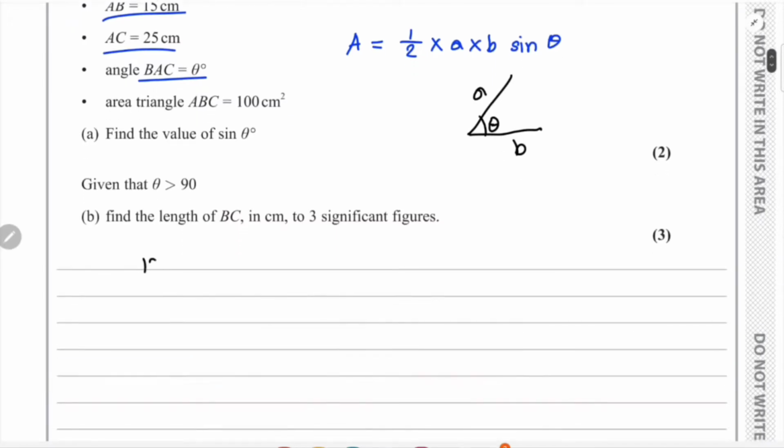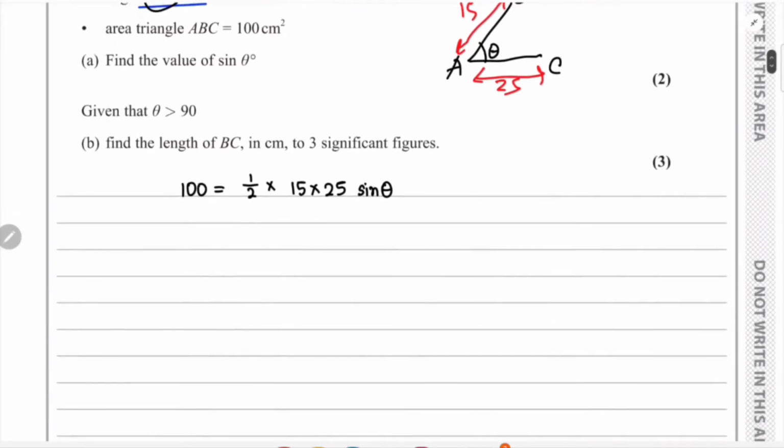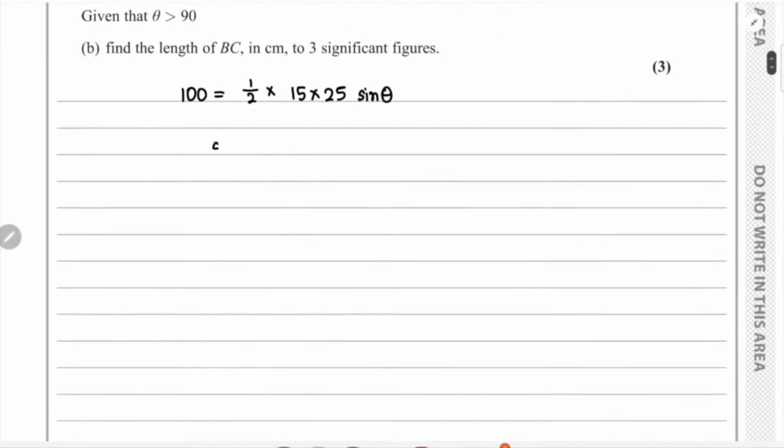In this case, the area is given. So 100 equals half into 15 into 25 sine theta. Since the angle is BAC, and we know the distance AB to be 15 and AC to be 25, we can find sine theta.